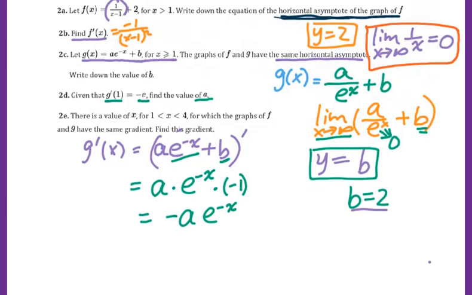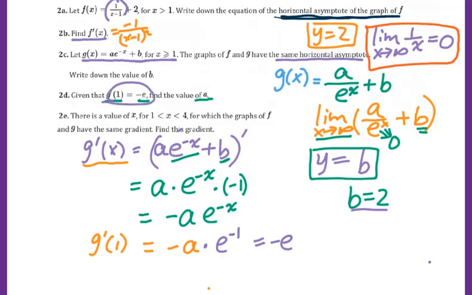For the given information, we plug 1 into this derivative function. You will get negative a times e to the negative first power equals negative e, according to the given information.